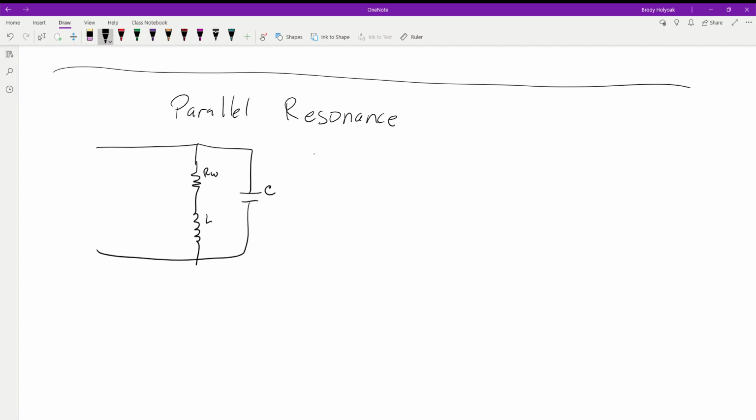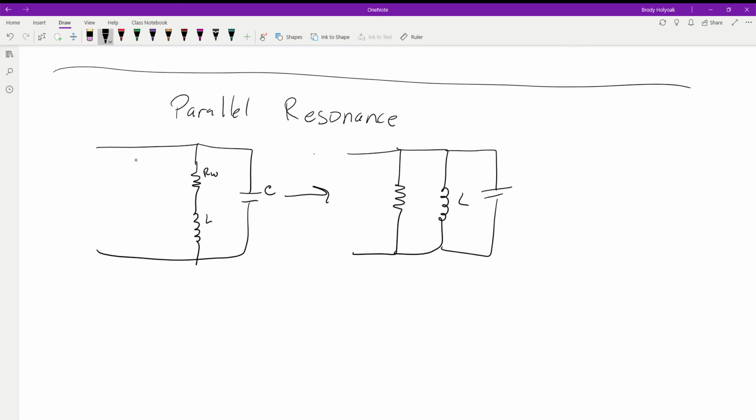Like I said, that's the idea behind this, but the only problem is this only works and only exists when we're at our resonant frequency. So what we're going to do is take this circuit and convert it into an equivalent circuit where we have our L, we have our C, and then this is going to be our R equivalent.